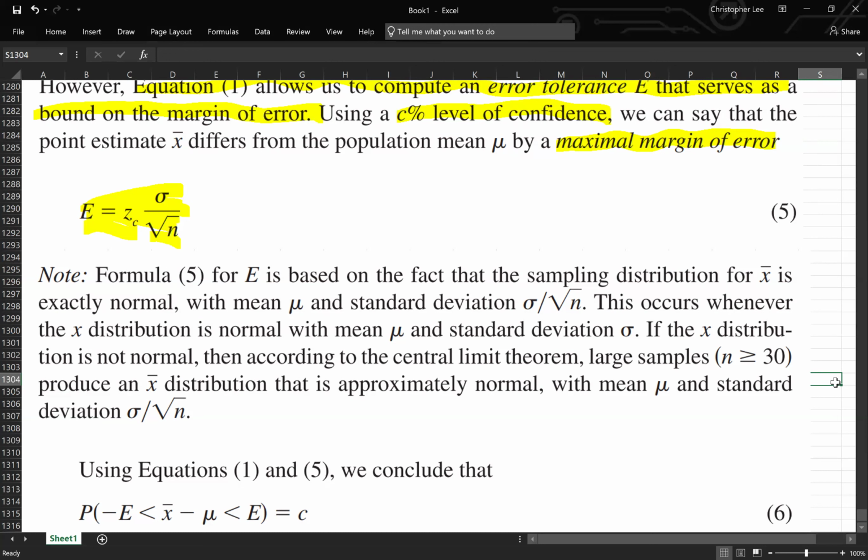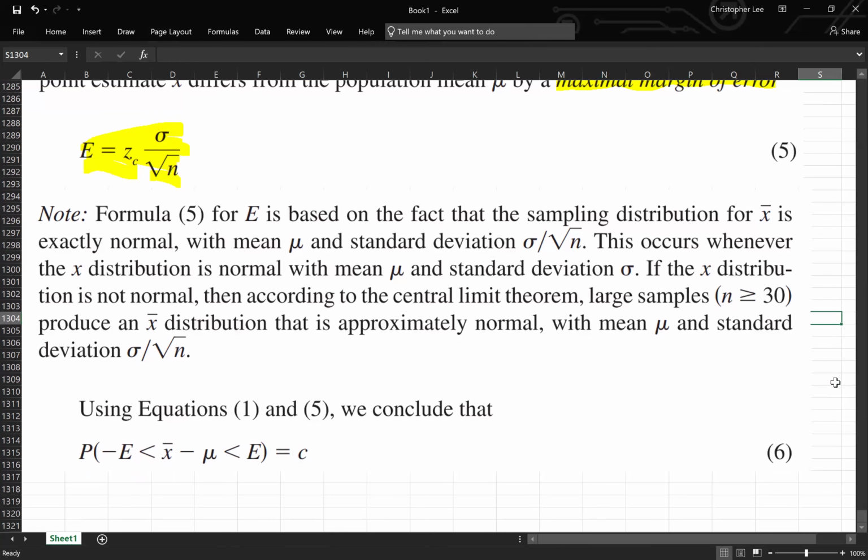If the X distribution is not normal, then according to the central limit theorem, large samples of n greater than or equal to 30 produce an X bar distribution that is approximately normal with mean mu and standard deviation sigma over the square root of n. So using the two equations, we conclude that the probability of negative E less than X bar minus mu less than positive E is equal to the confidence level.